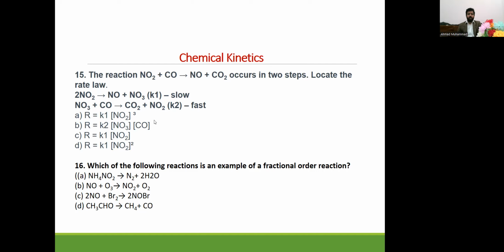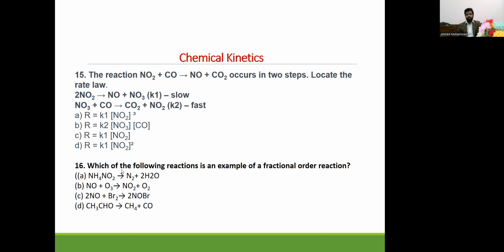Then the rate law for question number 15 is going to be D, because we can only locate the rate law from the slow step. So from the first step we can write the rate law: rate equals K1 into concentration of NO2 square. Other options are K1 NO3, K2 NO3 CO, and K1 into concentration of NO.